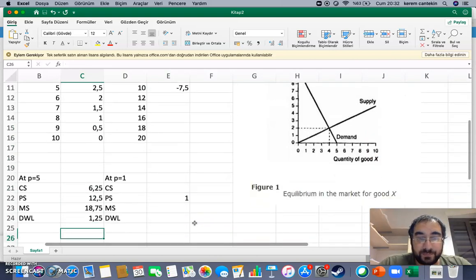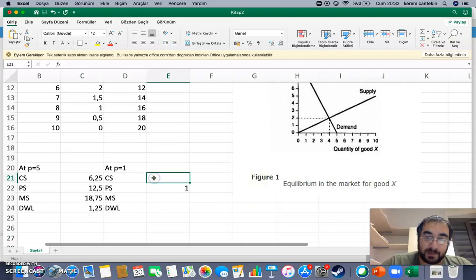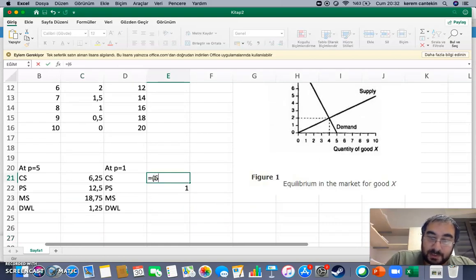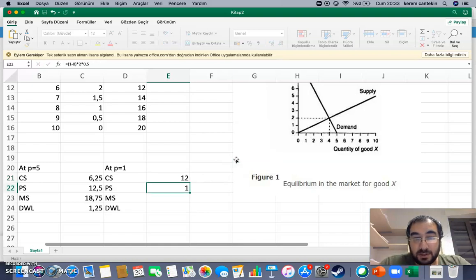So 6 minus 1 times 2, which is the amount that is sold and bought, is our rectangle in this case, plus 10 minus 6 multiplied by 2 multiplied by 0.5 gives us our triangle.